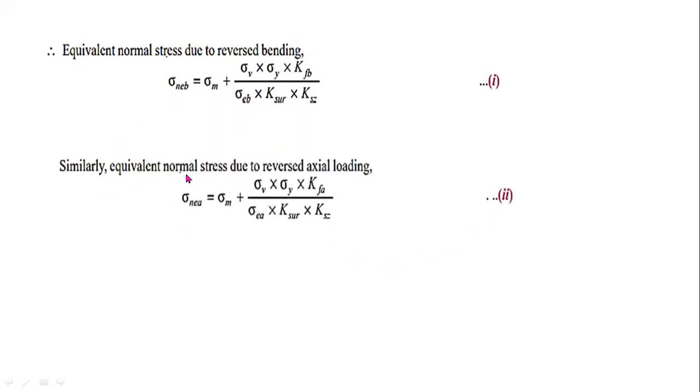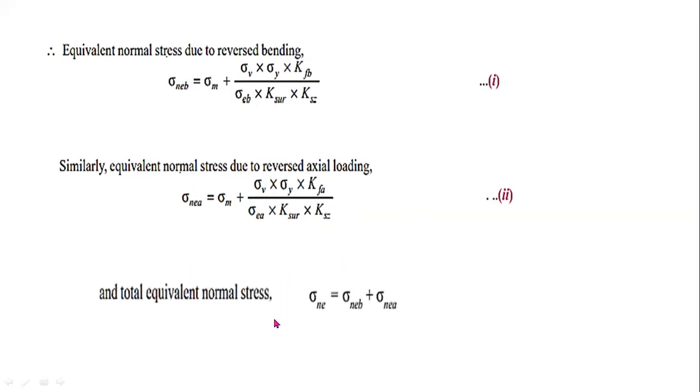In a similar way, the equivalent normal stress due to axial loads, axial loads meaning tensile or compressive loads, sigma NEA equals mean stress plus variable stress into yield stress into KFA by sigma EA into K surface, K size.